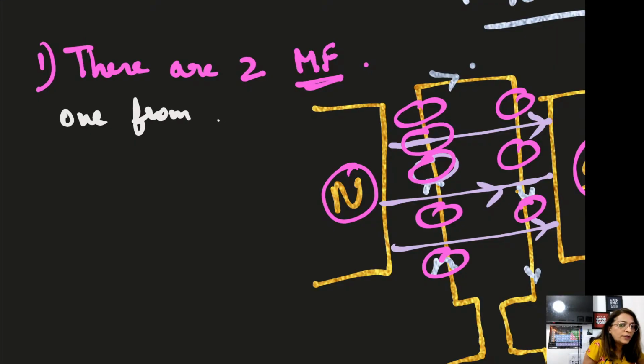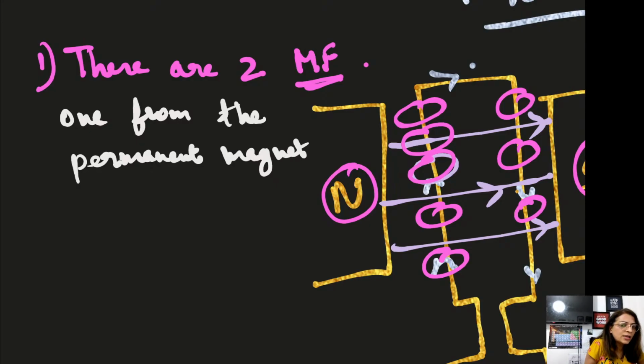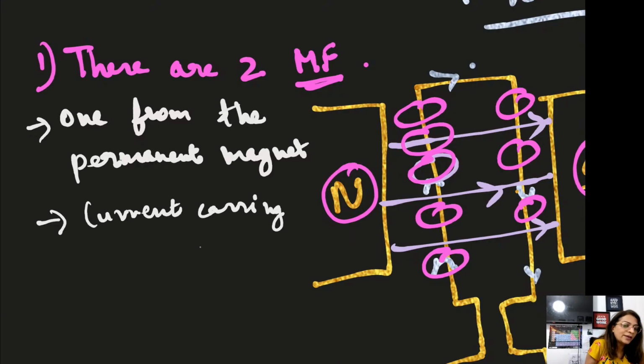One from the permanent magnet, and one from the current carrying wire. Not circuit, say the wire.